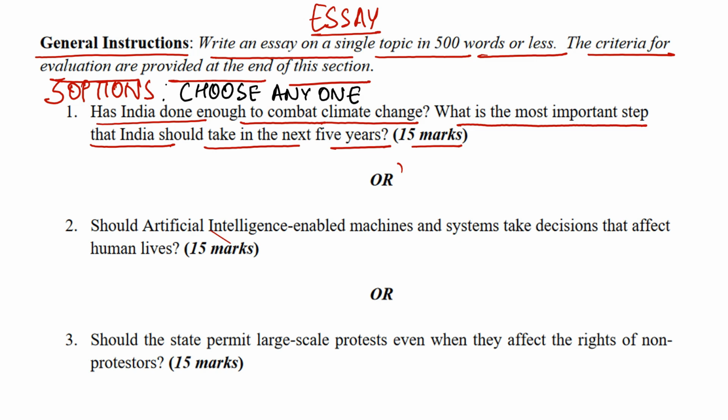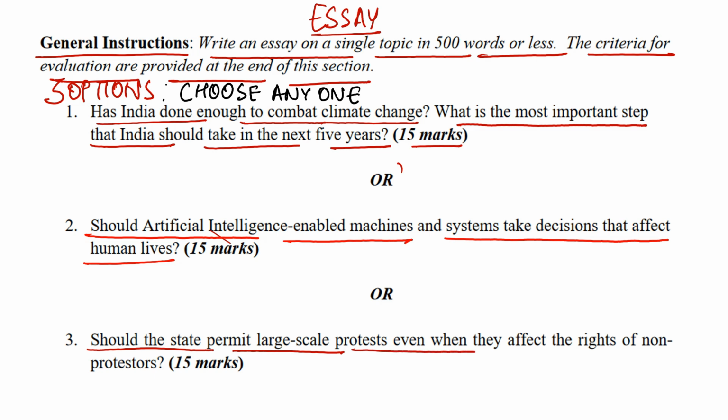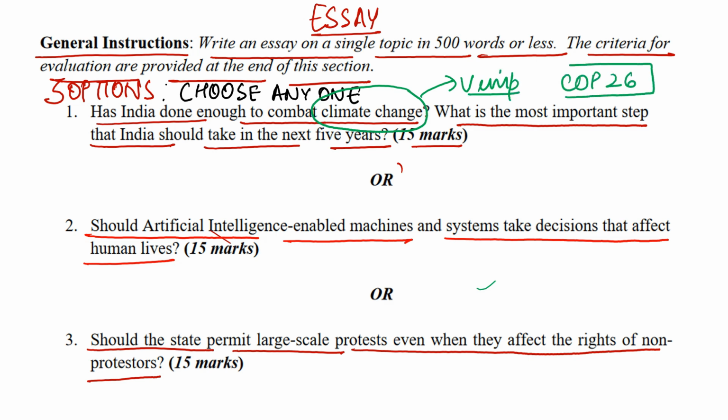Now the next thing is, should artificial intelligence enabled machines and systems take decisions that affect human lives, right? That is next. Now should the state permit large scale protests even when they affect the rights of non-protesters? Again, one thing I want to say, the first topic, climate change, is very important and most discussed. COP26 took place, it was a very big thing.